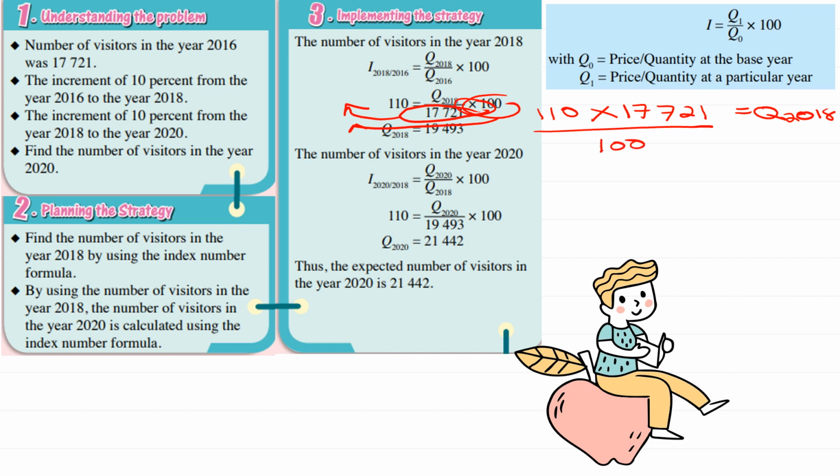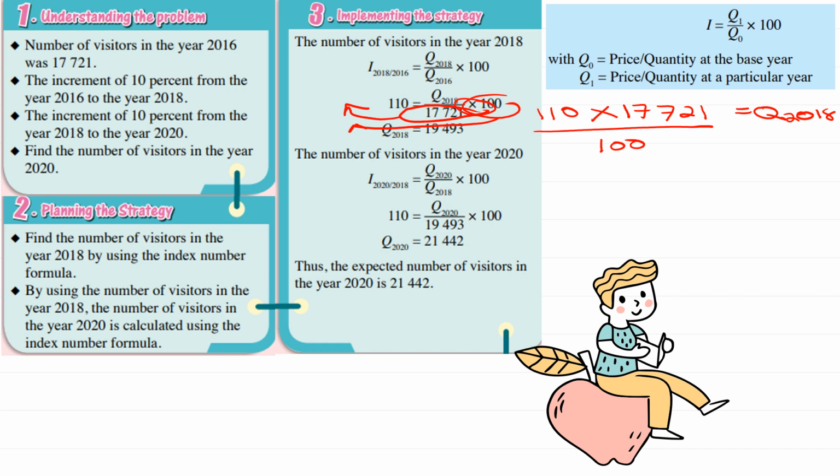So 110 times 17,721 divided by 100, you will get the quantity is 19,493.